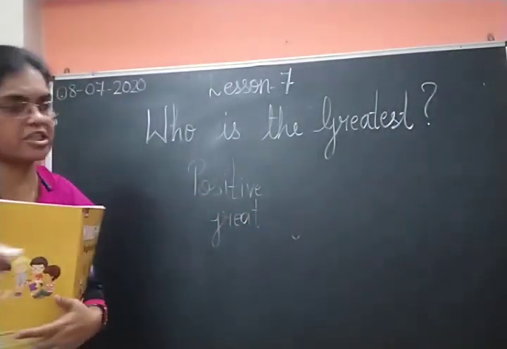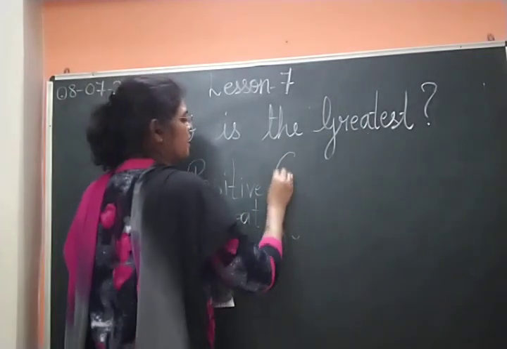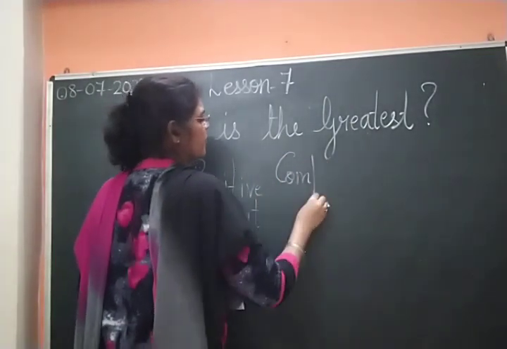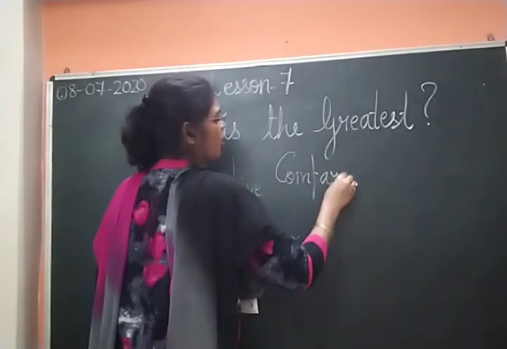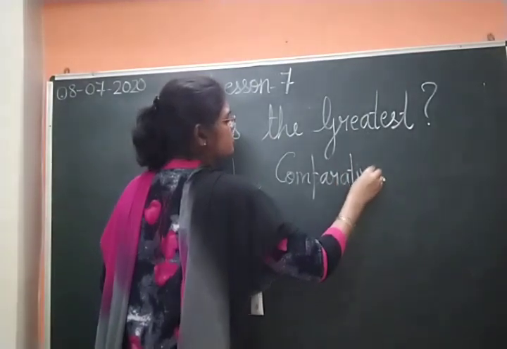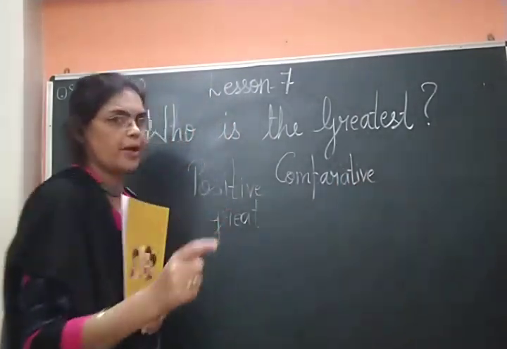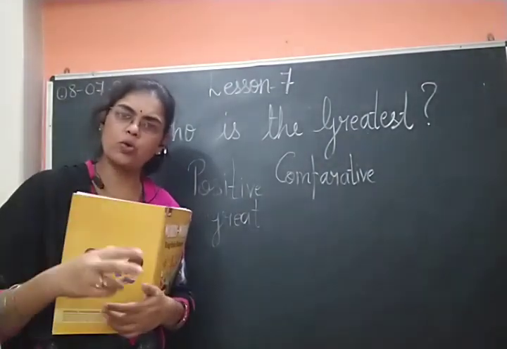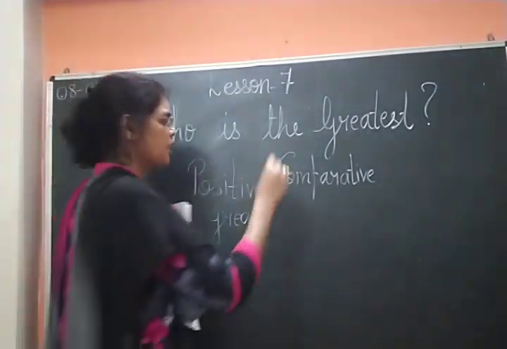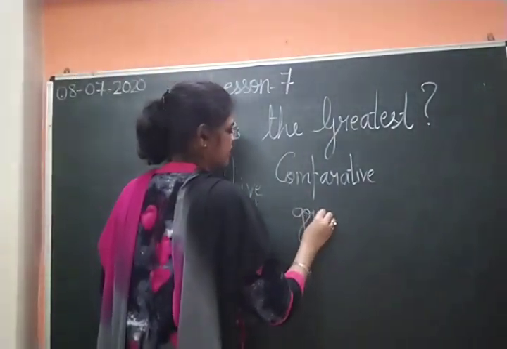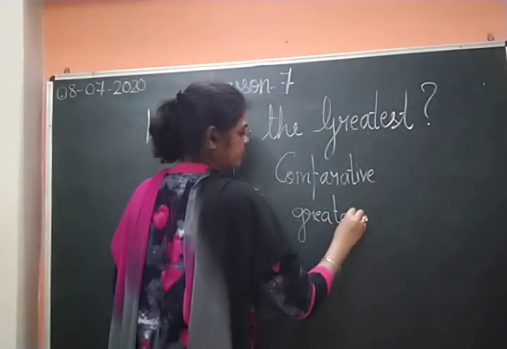Positive degree of adjective. Second बेटा है आपकी comparative degree. Comparative degree of adjective is used when we want to compare two objects or two persons. वहाँ हम comparative degree of adjective यूज करते हैं.